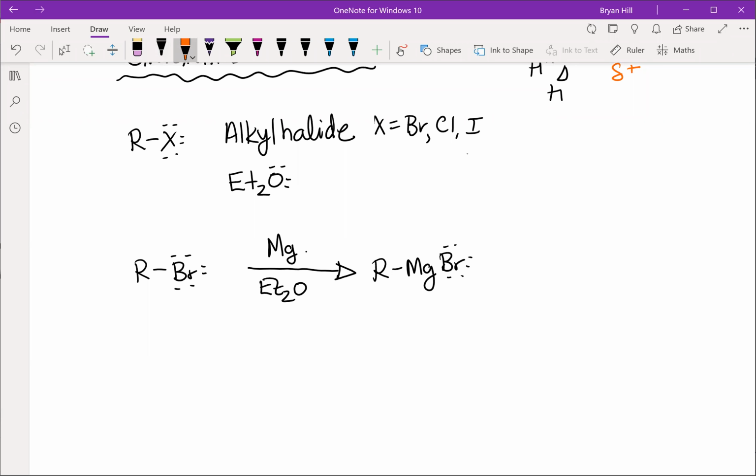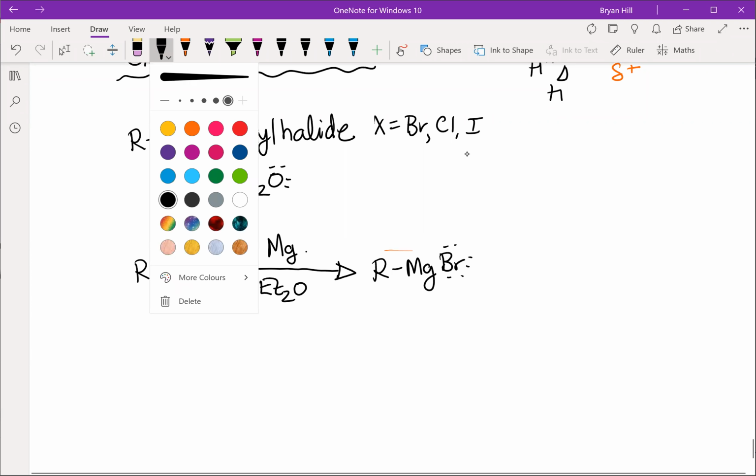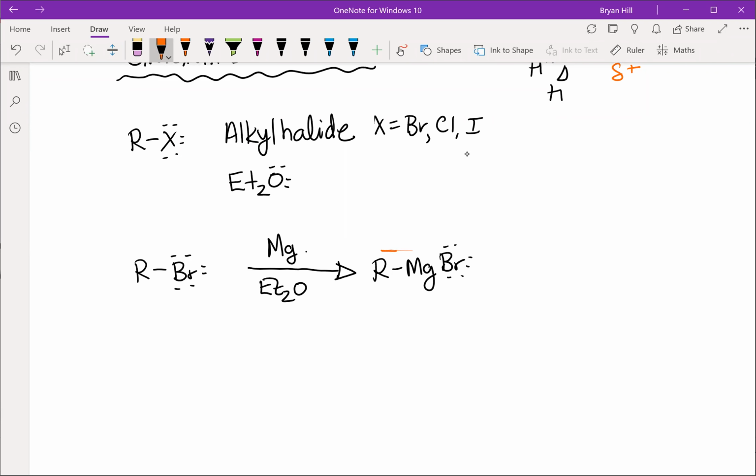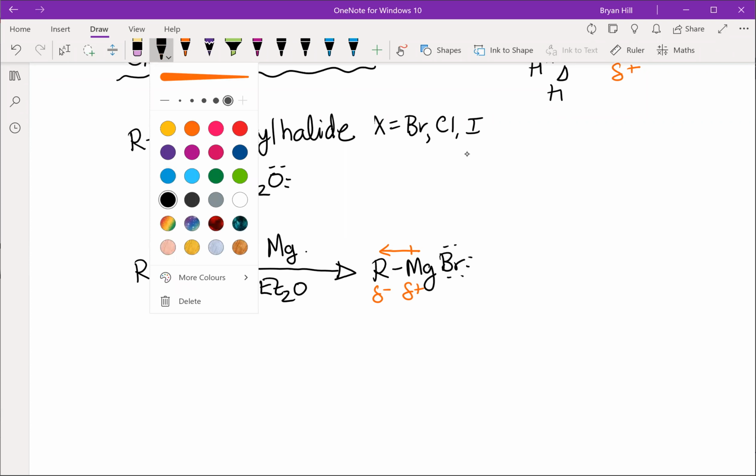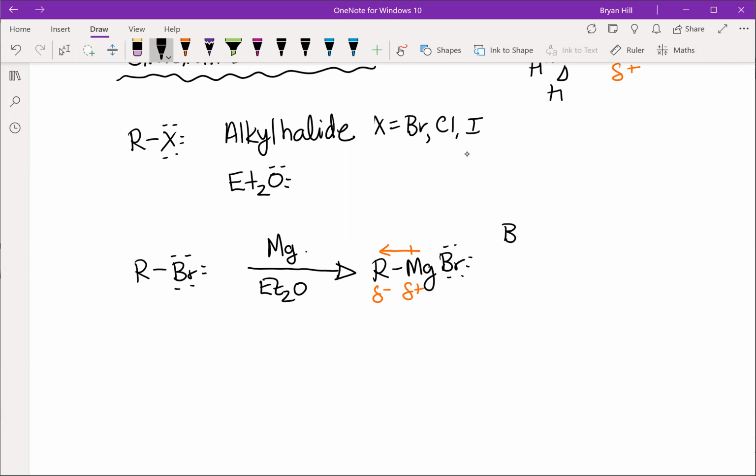So this bond is polarized in this direction: magnesium plus, R minus. So basically a source of R minus. And so these are basic and nucleophilic.